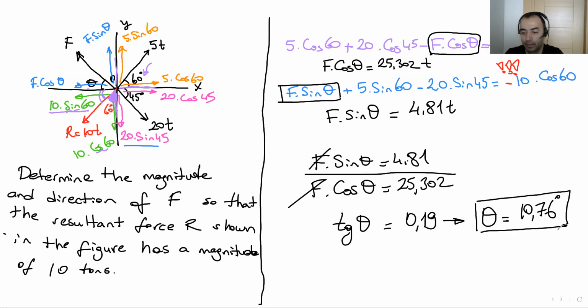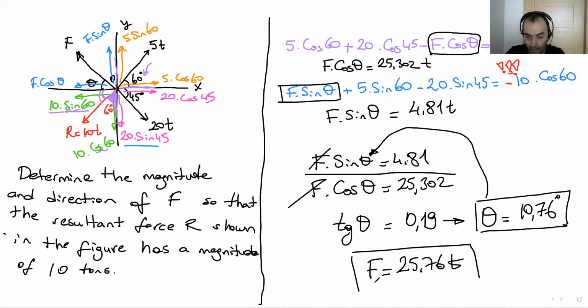So if you have theta, that's okay. You can calculate F from one of these equations. Take this, put it here, calculate the sine, and get the result. And F is here, 25.76 tons.